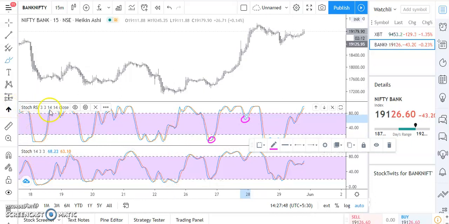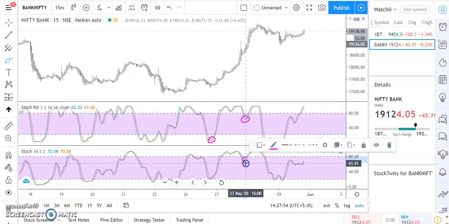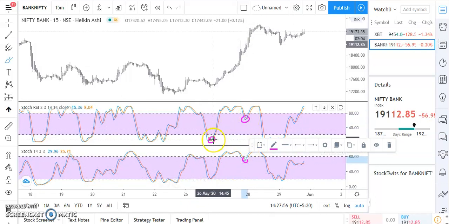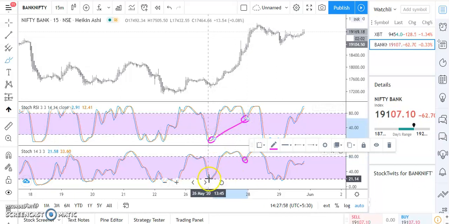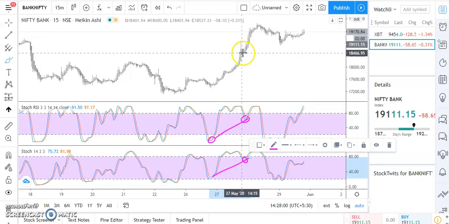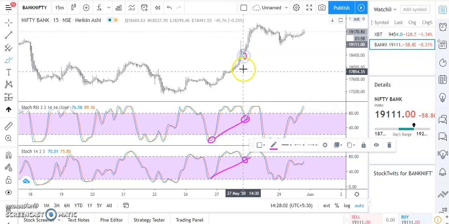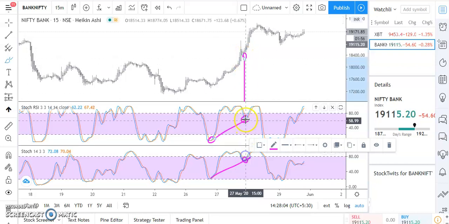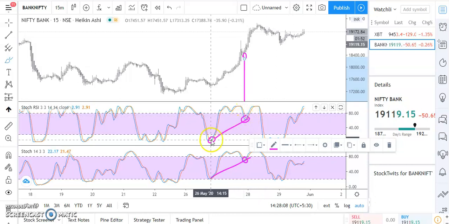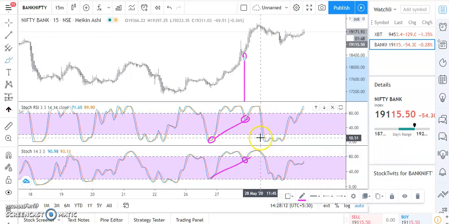You apply stochastic RSI and stochastic onto your chart, and you should enter for the second crossover. This is the second crossover, a jump, and here is also one jump. Enter exactly at this point, when this current crossover is higher than the previous crossover. Okay, let us take another example.